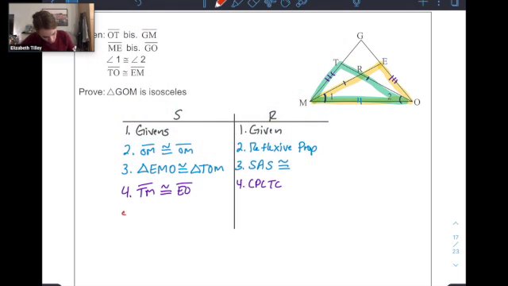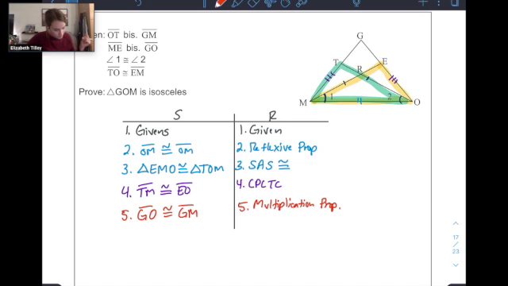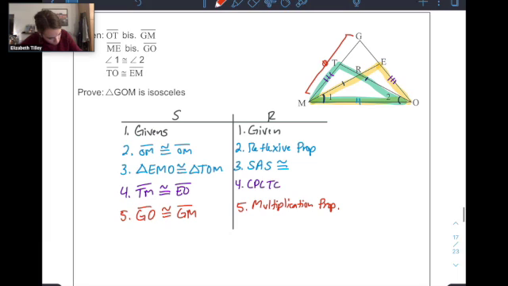So that means for us here that GO is congruent to GM by multiplication property. So now I have shown my triangle has two sets of congruent sides.